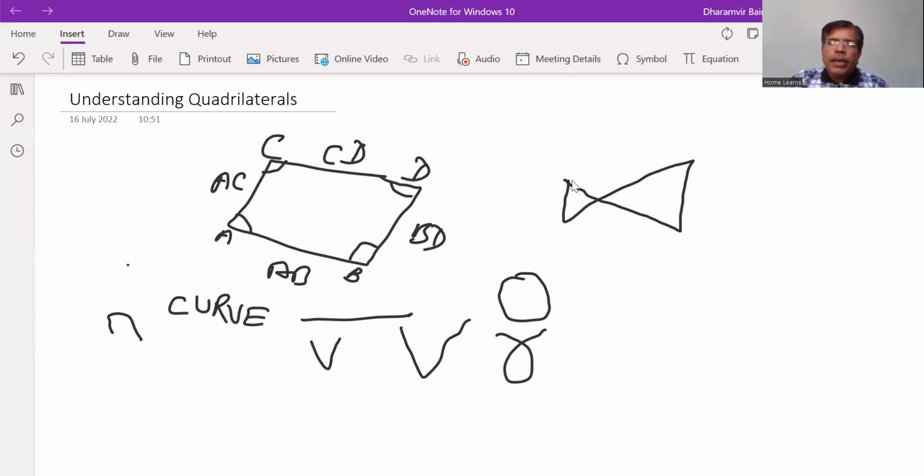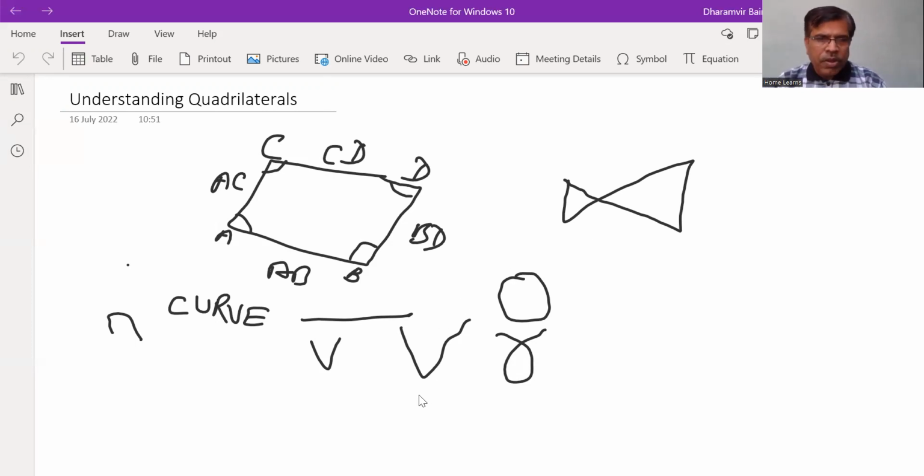So we made these figures without lifting the pen from the paper. Anything made without lifting the pen from the paper is known as a curve.